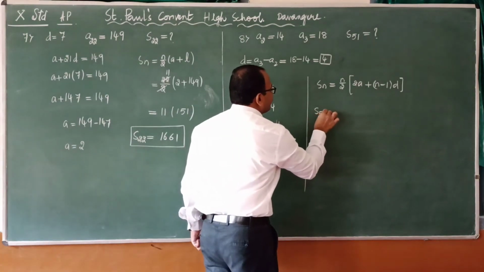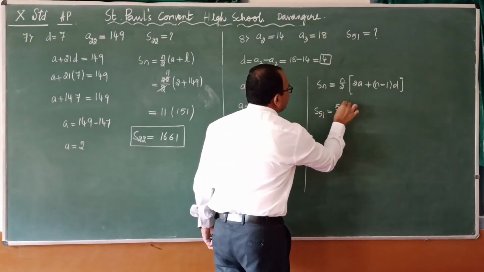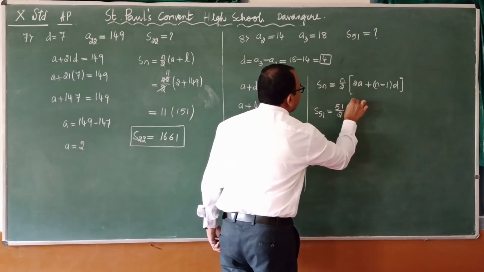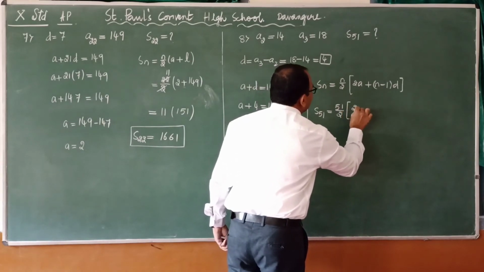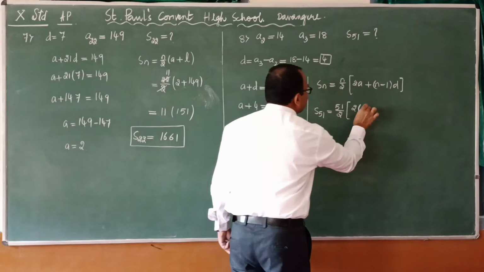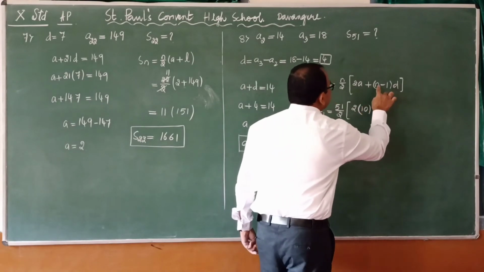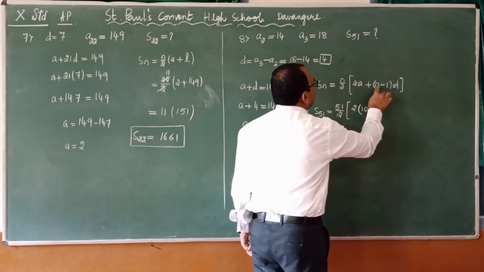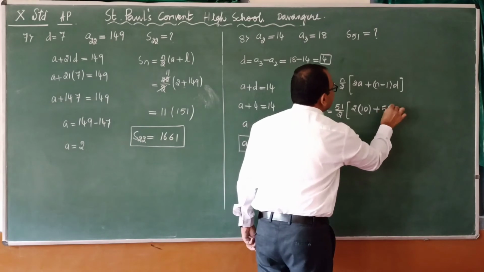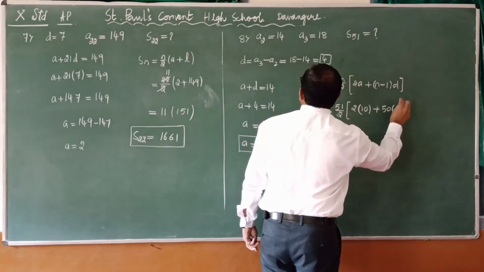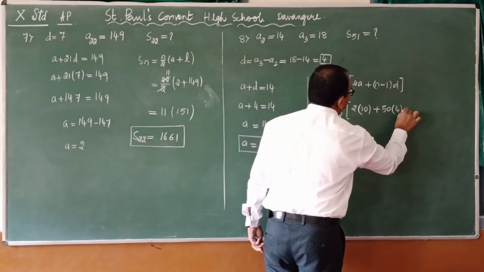S_51 will be equal to 51 by 2 into (2 into a, which we have calculated as 10, plus (51 minus 1), which becomes 50, into d, which is 4).